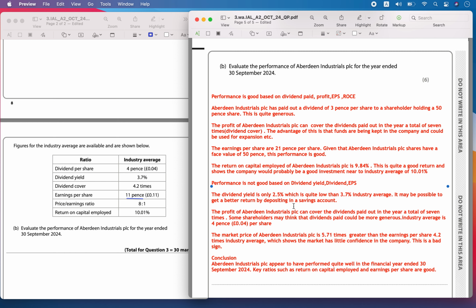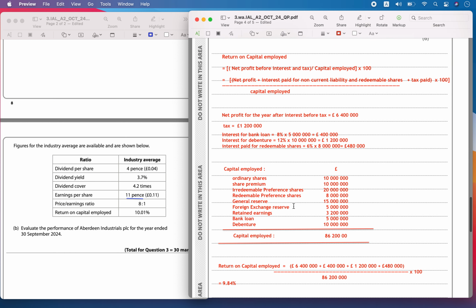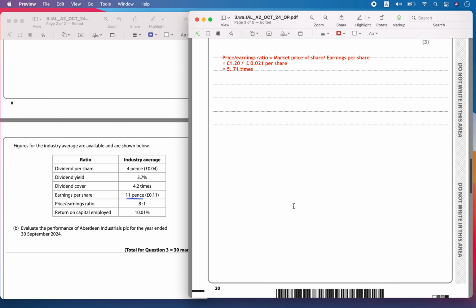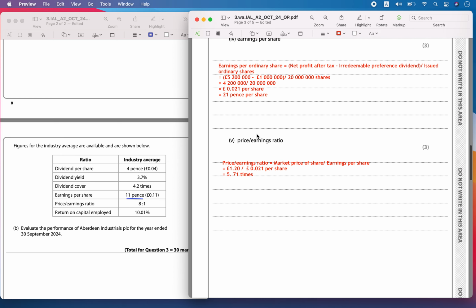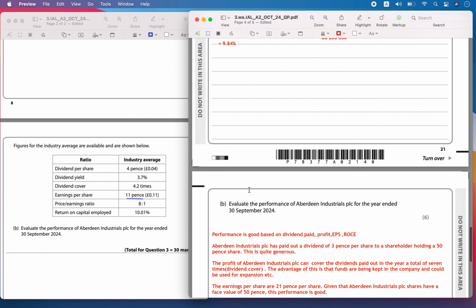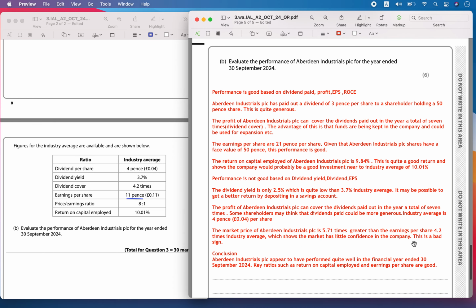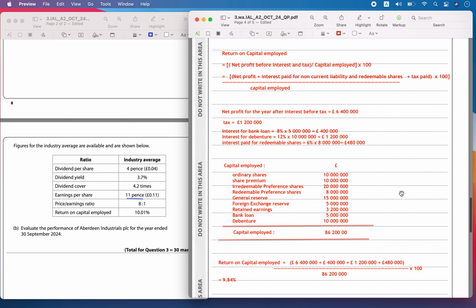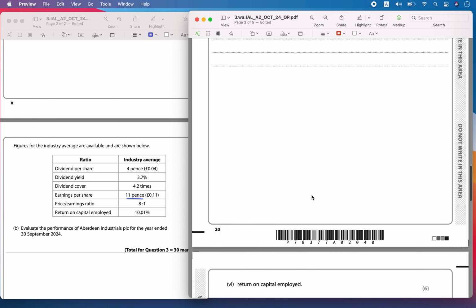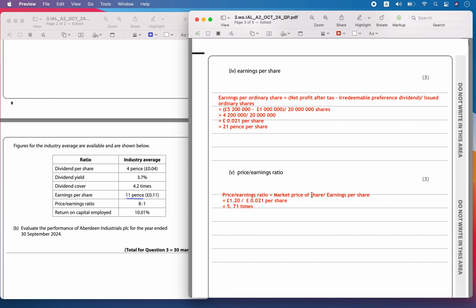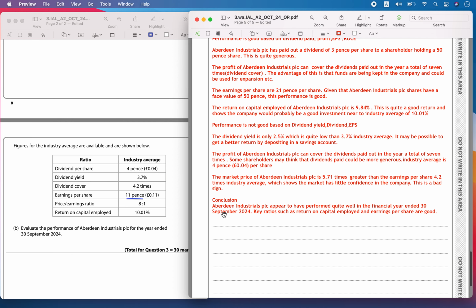That is what we can conclude. We had made earlier calculations for all of this, and from that you should be able to comment on this.